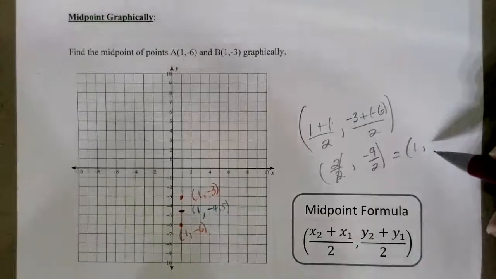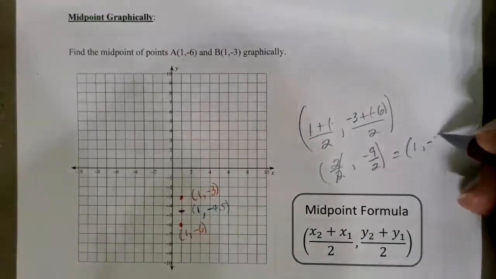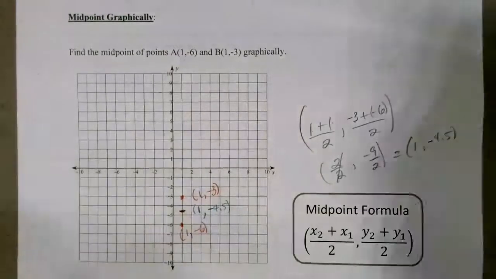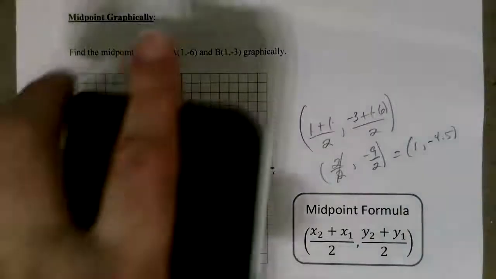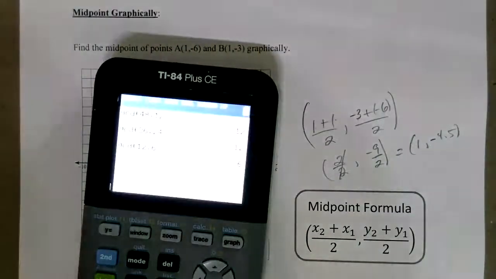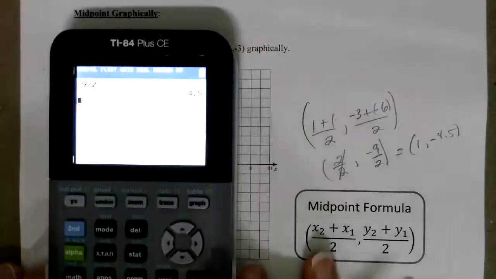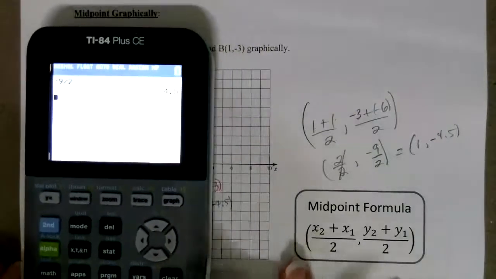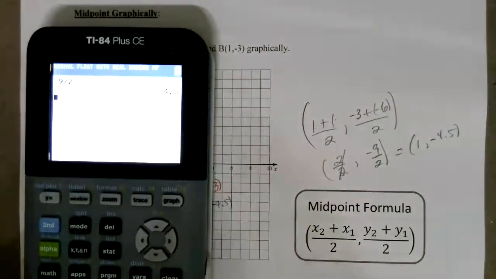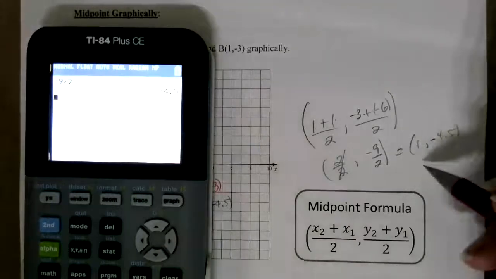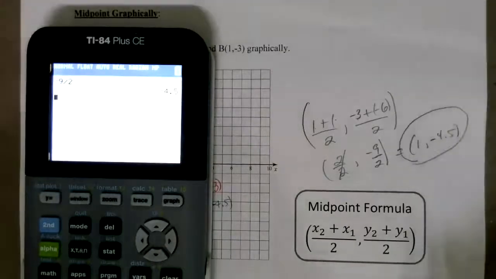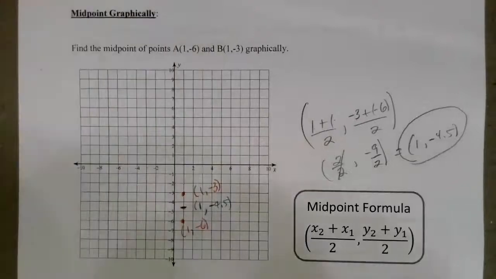The answer choices on the ACT will probably have this question as a decimal. And if you're unsure of what that decimal is, there's no need to guess when you have a calculator. So you'll just say -9 divided by 2, and the calculator will give you -4.5. My calculator is a little hard to see the negative, but it's there.